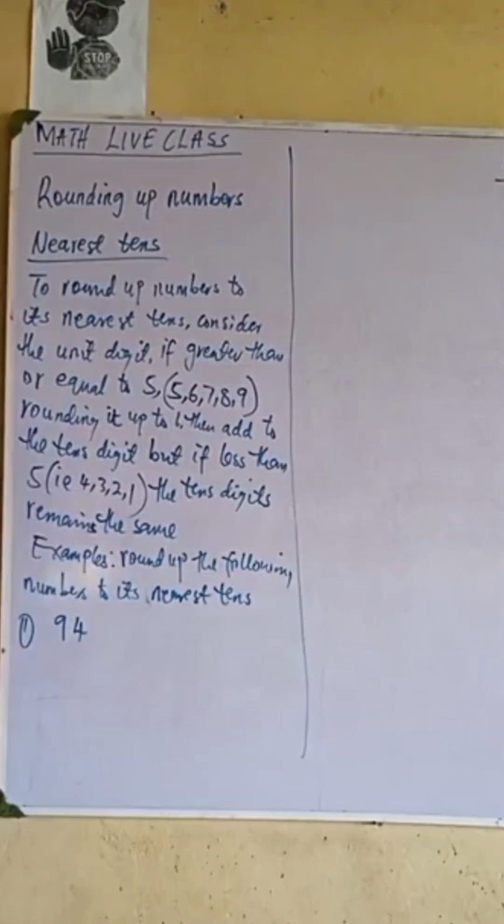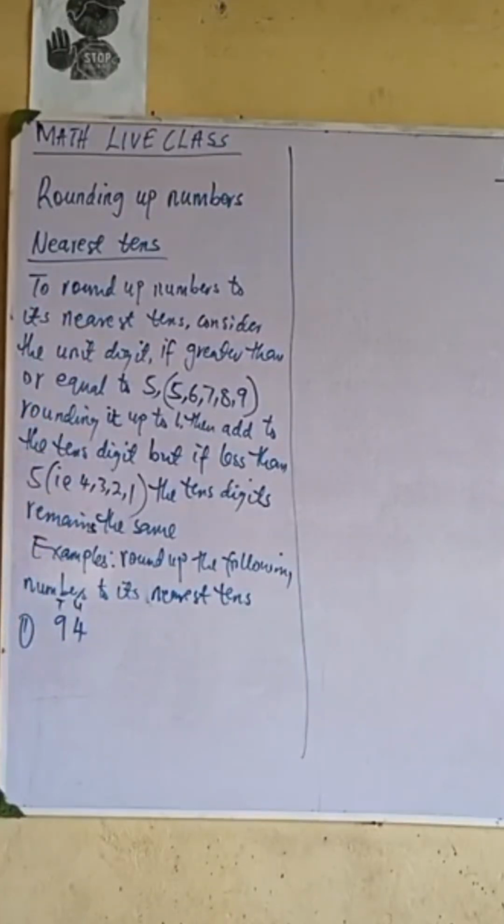So for example, we have this 94. This is unit. Let's write the place value. This is unit, this is tens. Don't forget, we are rounding up to the nearest tens. The nearest tens here is what? Is 9.